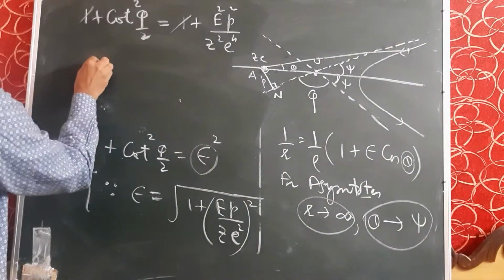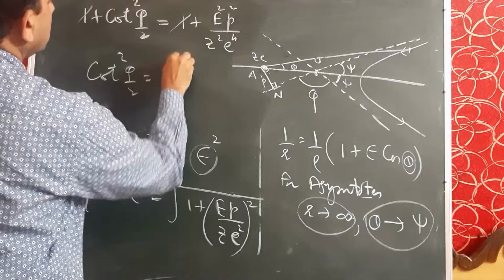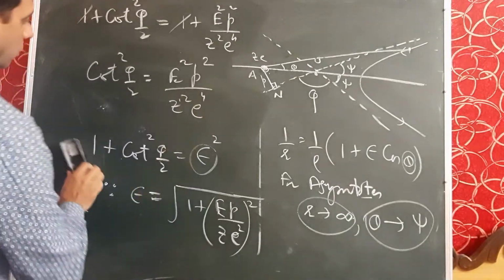Finally, cot square phi by 2 is equal to E square P square over Z square e raised to power 4.